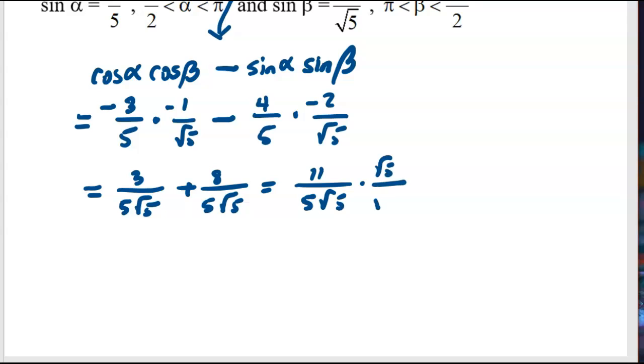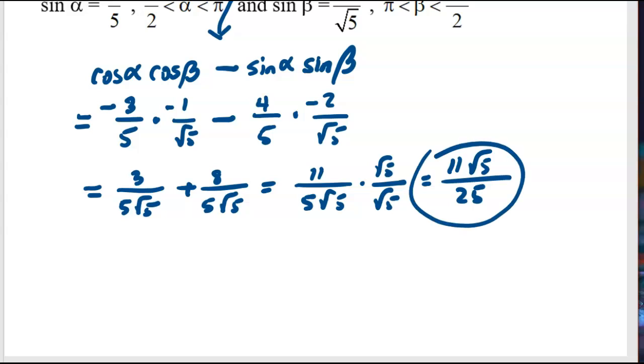Rationalize like before. 11 root 5 over 25 once again. Final answer.